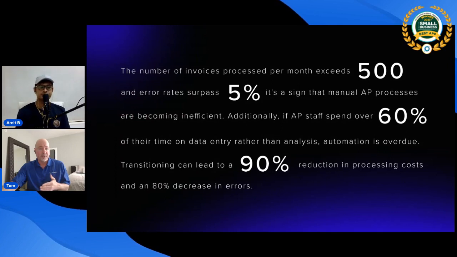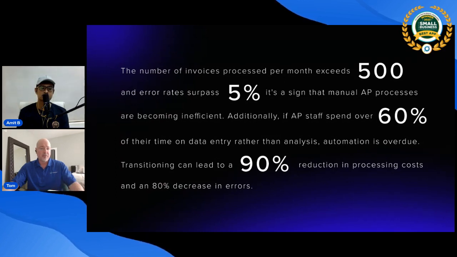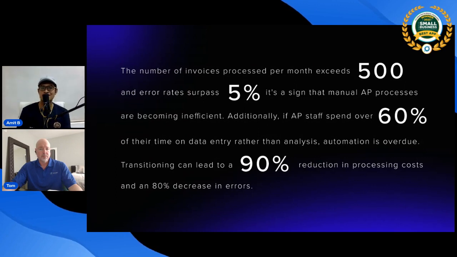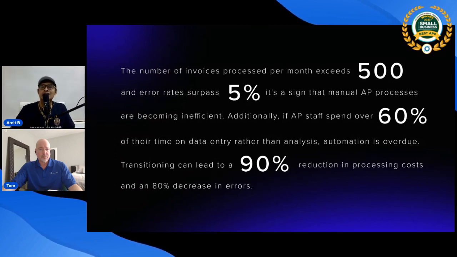The transition can lead to a 90% reduction in processing costs and an 80% decrease in errors. My God, 90% reduction in processing costs. That's huge. Yep. So, in what ways does automation enhance accuracy and compliance in accounts payable compared to the manual methods?